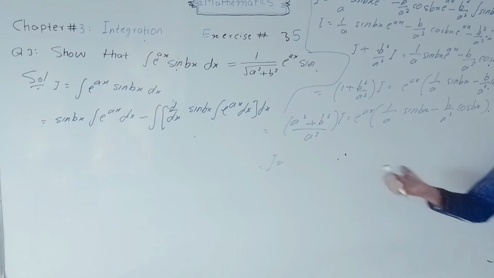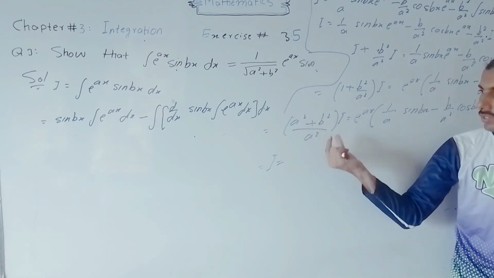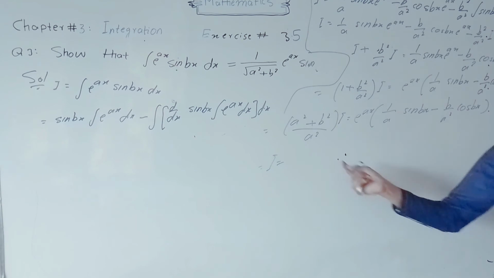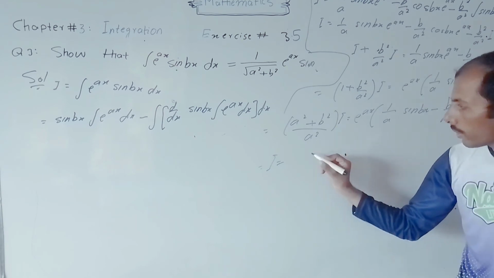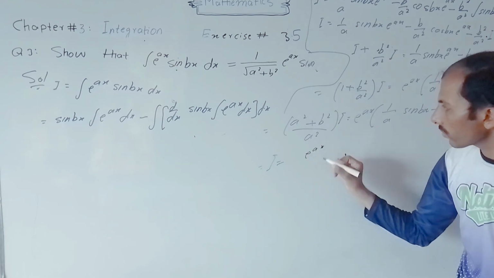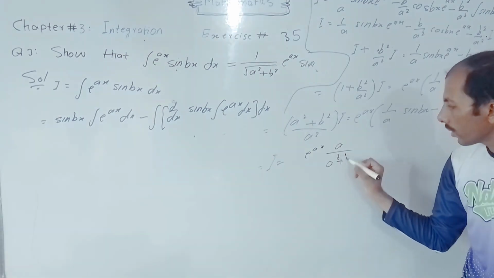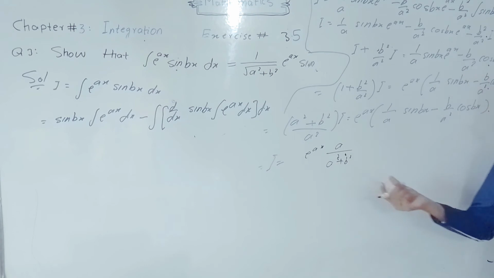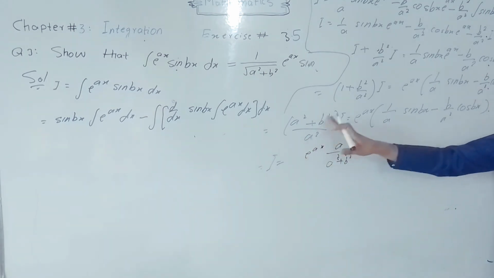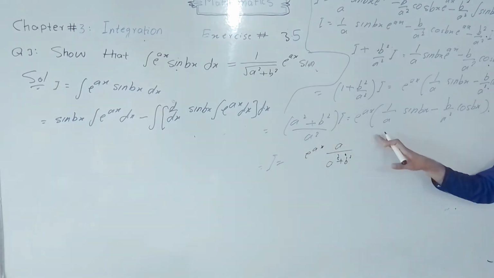which is equal to, I is equal to, if we divide both sides by a square plus b square divided by a square, so I is equal to e power ax into a square divided by a square plus b square in reciprocal form, dividing both sides by a square plus b square divided by a square, this form.